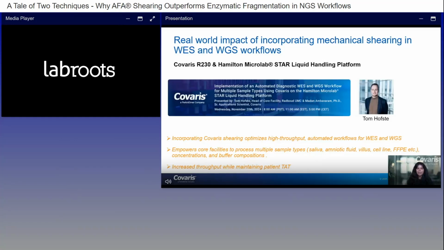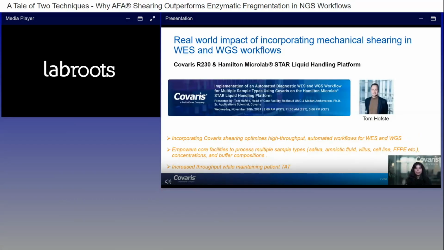And you can see the real impacts of using Covaris shearing by looking at a recent webinar from the Genome Diagnostics Lab at Radboud UMC. So as a core facility, they were facing the challenge of increasing requests and varying and diverse sample types.